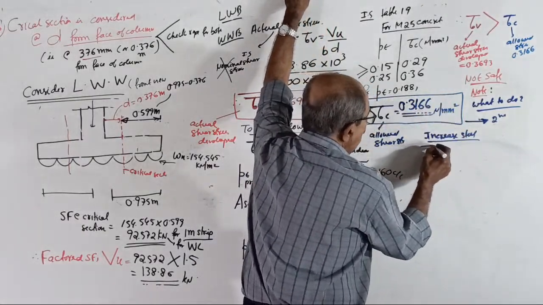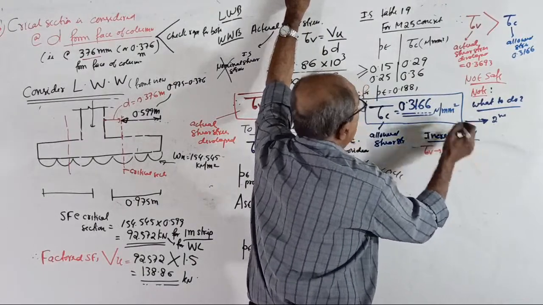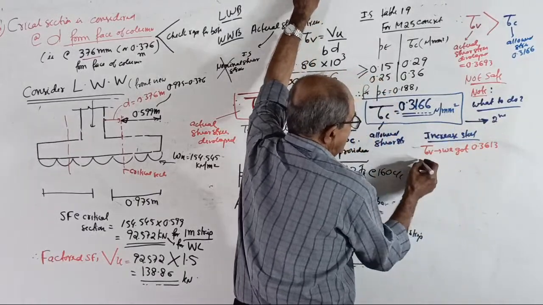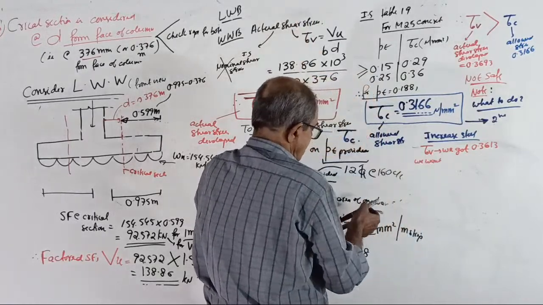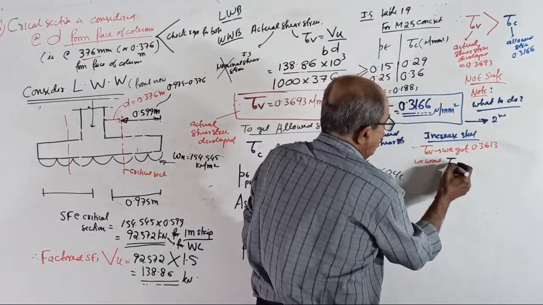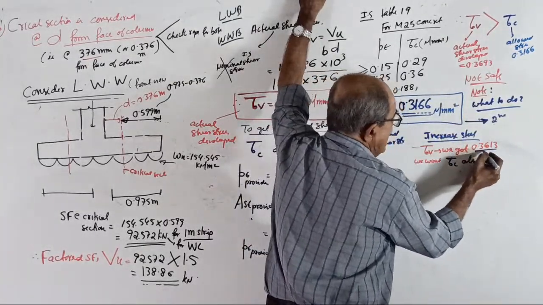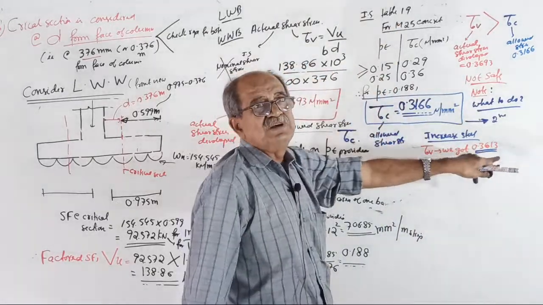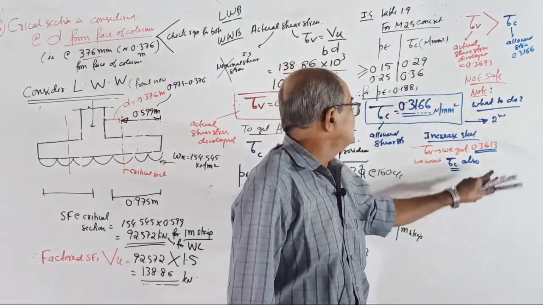Tau, we got how much? 0.3613. We want tau C also. How much? Actual test is 0.3613. We want bill is 3,600. We want money also in the pocket, same.